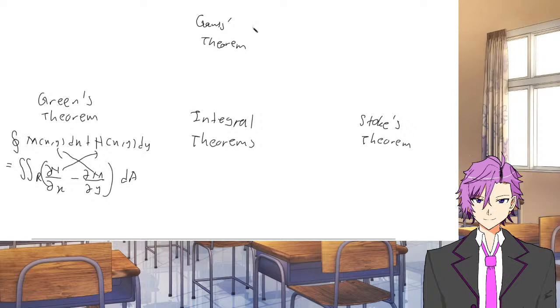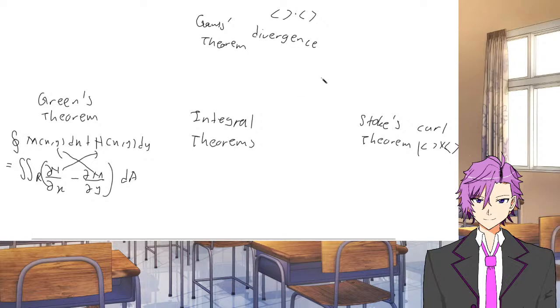Gauss theorem uses divergence: you take the dot product of the del operator with the vector field, and that is the divergence. Stokes theorem is related to the curl: you take the cross product of the del operator with the vector field. That is the main difference between Gauss theorem and Stokes theorem.